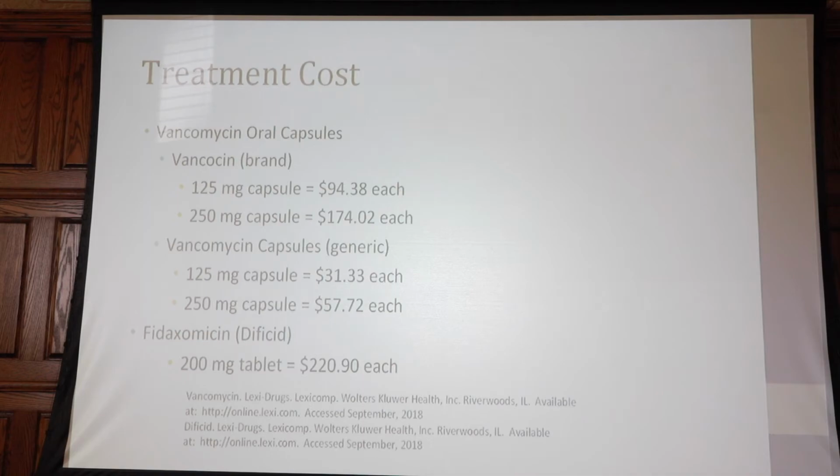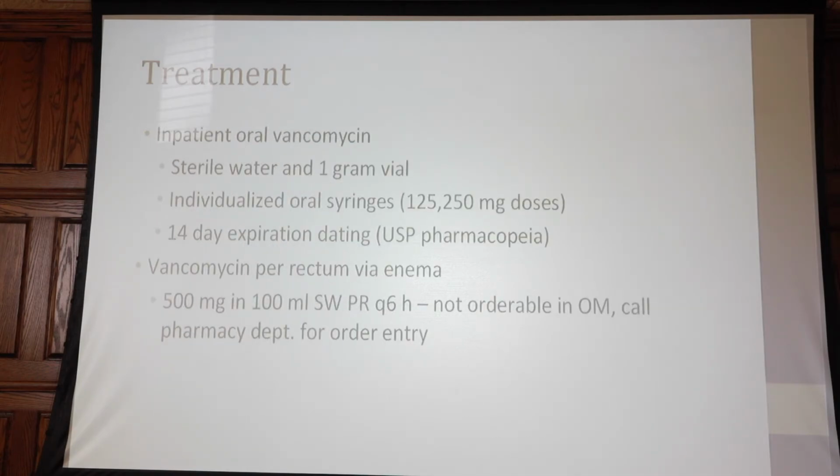Fidaxomicin for C. difficile is $220 a tablet. The actual cost to the pharmacy would be $3,000. So you're looking at $4,000 for a 10-day treatment if it had to be paid in cash, that's self-paying. In the hospital, we basically use the vancomycin vial and individualize the doses for 125 or 250 with sterile water, and it has a 14-day expiration date.